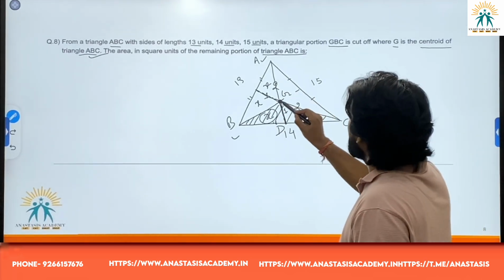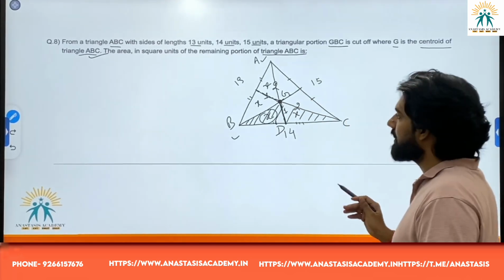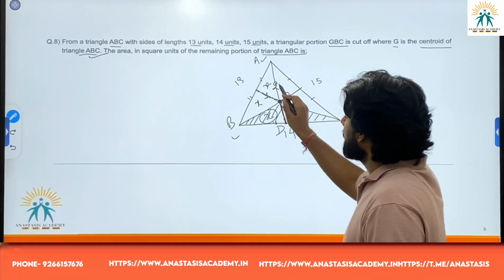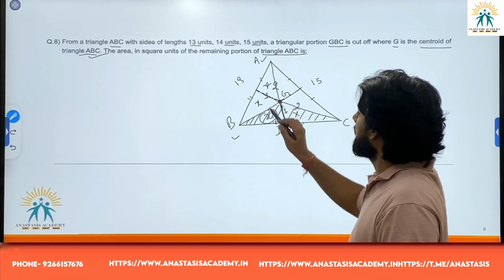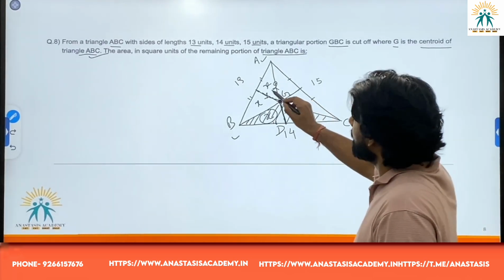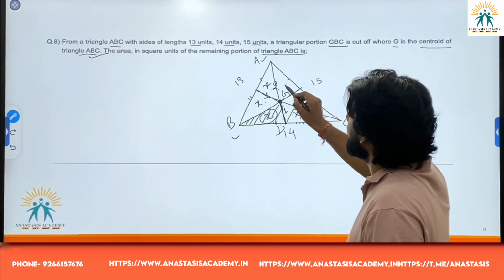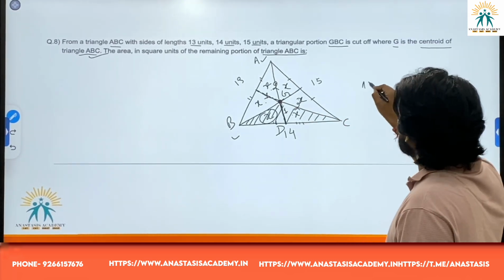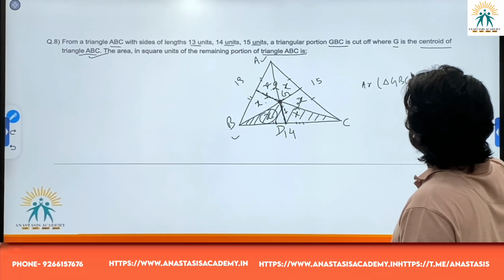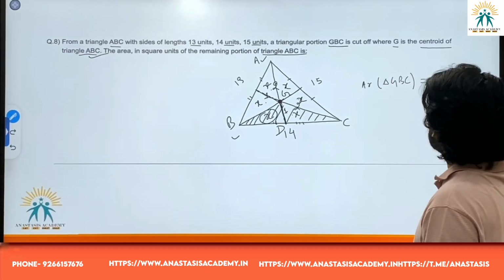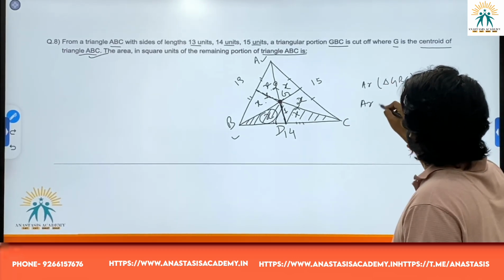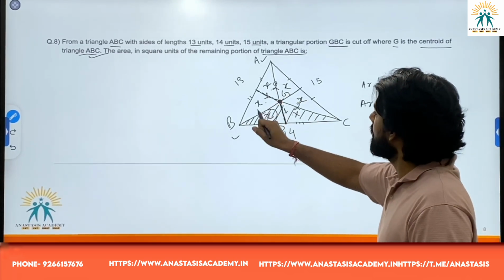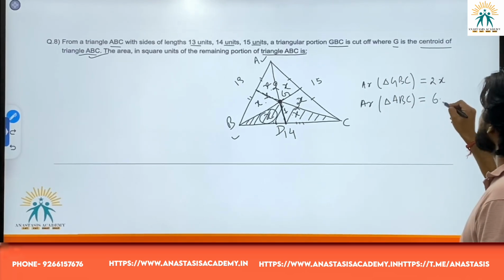And similarly, I know when I join each vertex with the centroid, it divides the triangle into 1, 2, 3, 4, 5, 6 equal areas. It would be X, it would be X. Now, the area of triangle GBC is 2X, and the area of triangle ABC is 6X.